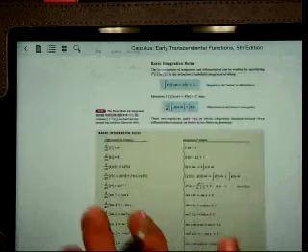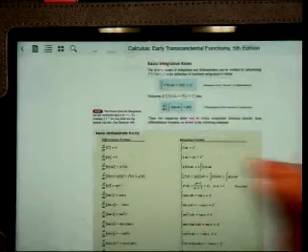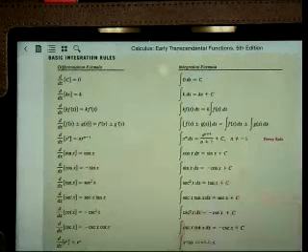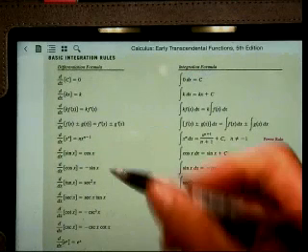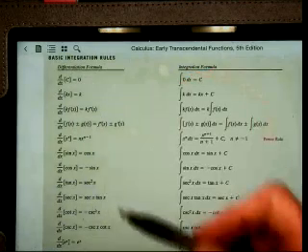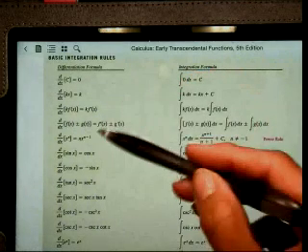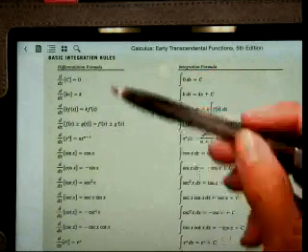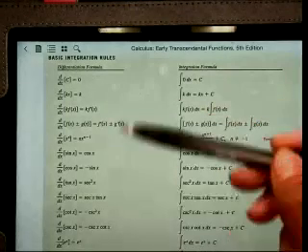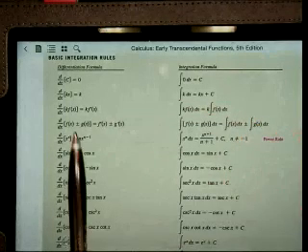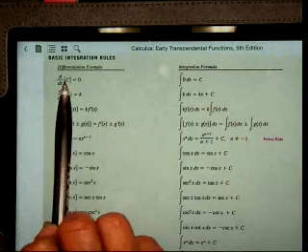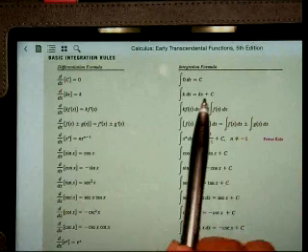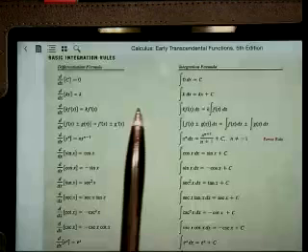All right, page 286. There are all the integration formulas, well, not all of them, that's most of the differentiation formulas inside the front cover of the book. For every differentiation formula, you have an anti-differentiation formula called an integration formula.